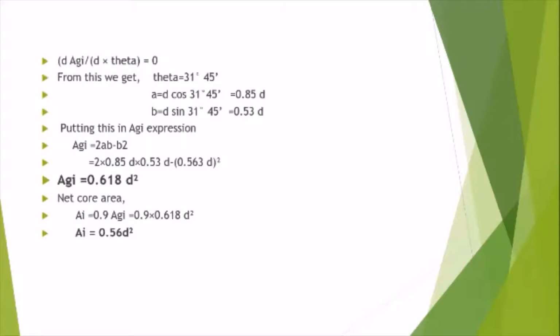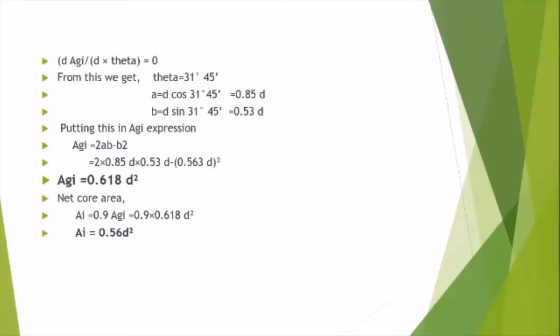Putting in the AGI expression, AGI is equal to 2 into 0.85 d into 0.53 d, minus 0.53 d square. So we get AGI value equal to 0.618 d square.